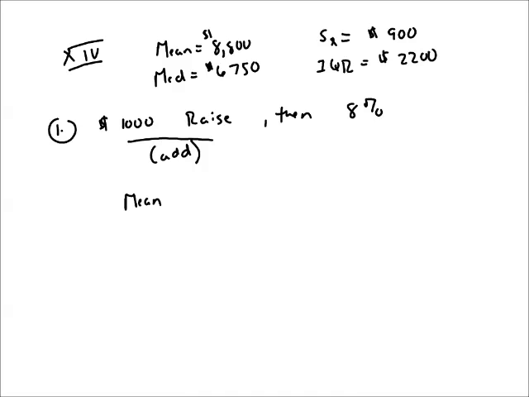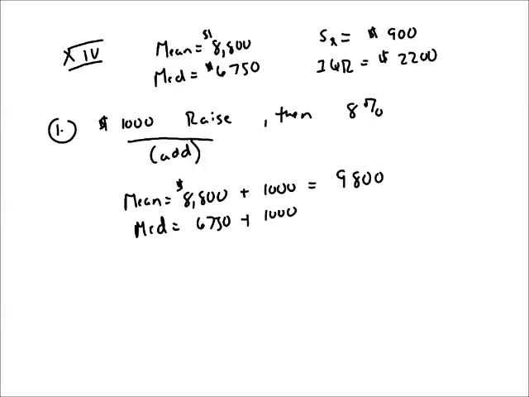So my mean is 8,800 plus 1,000, which is 9,800. My median is 6,750 plus 1,000, which is 7,750. Standard deviation and IQR stay the same.